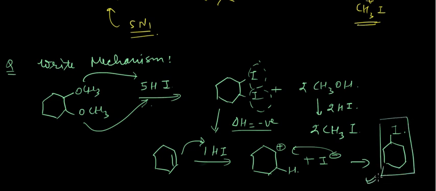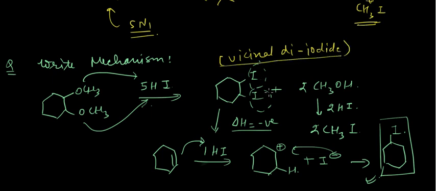This product. Okay, so please remember that in the case of a vicinal dihalide or vicinal diiodide, the two iodines combine with each other to release I2 and form a double bond in the cyclohexene ring.